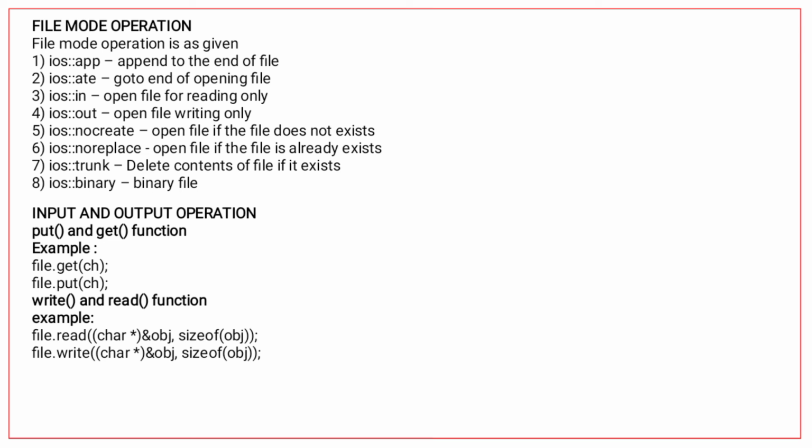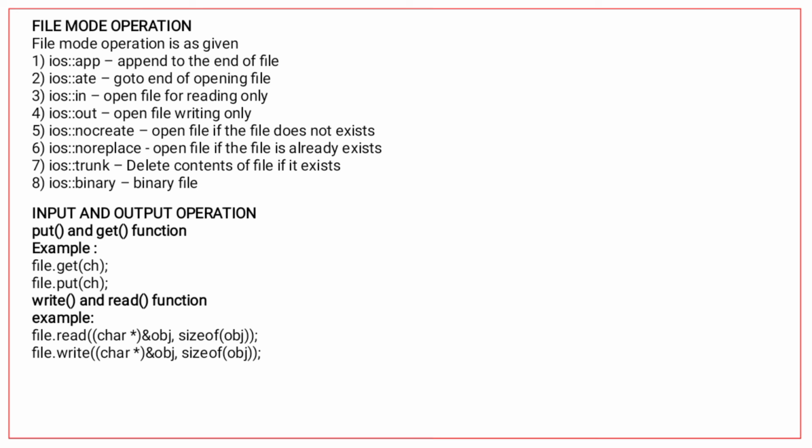Now next topic is input and output operation. Put and get function. The function put writes a single character to the associated stream. Similarly, the get function reads a single character from the associated stream. Now for example, file.get(ch), file.put(ch).